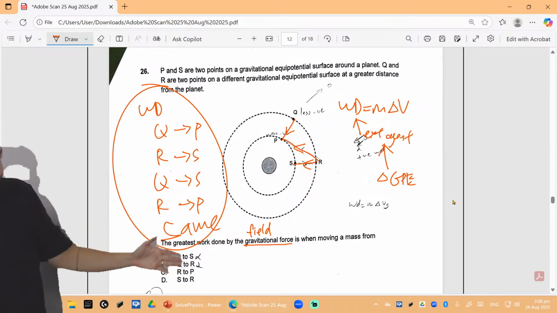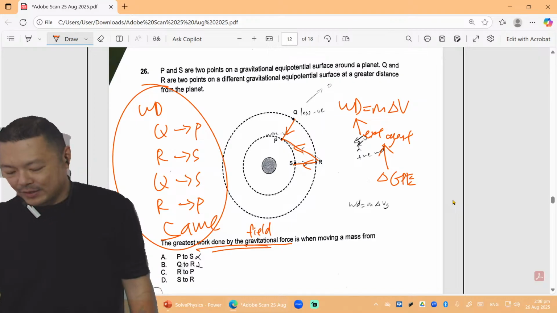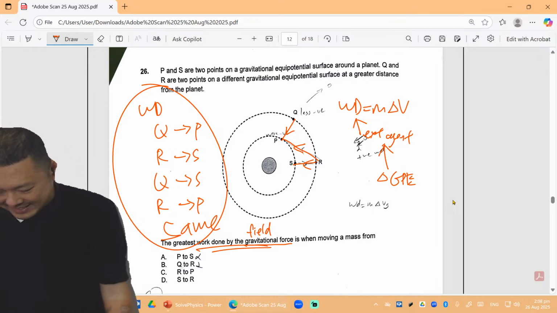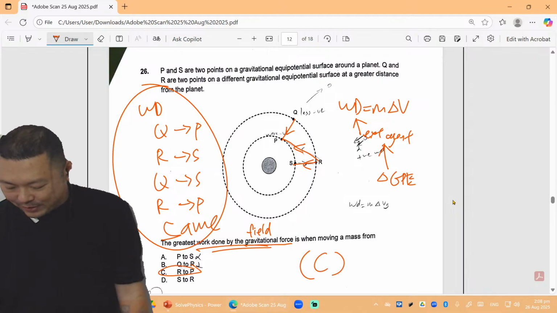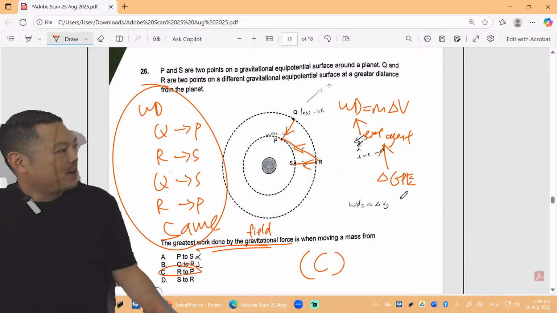They're all the same greatest work done, so you just choose one. Like I said, R to P, C is the answer.